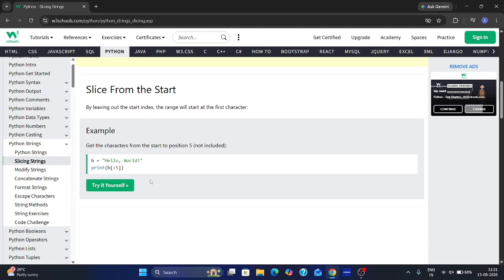Python already knows it starts from zero. Here it is up to 5. So what is the answer? Please think.